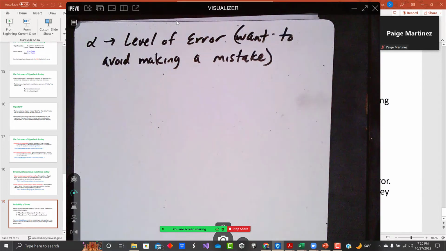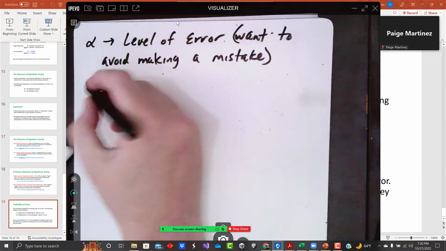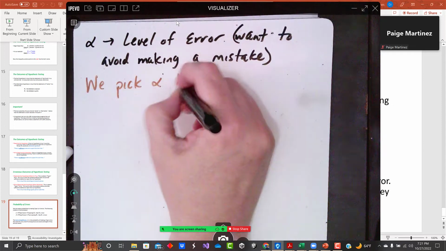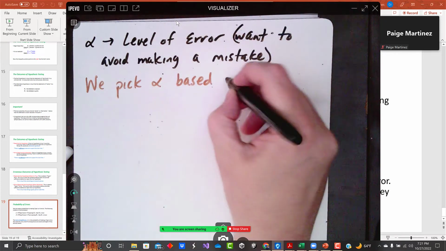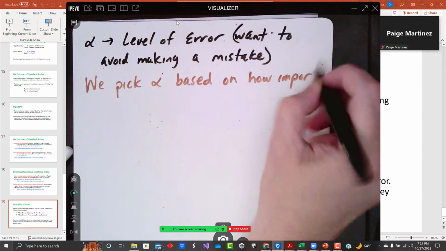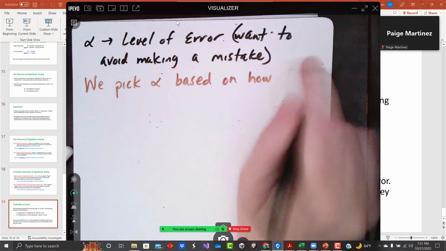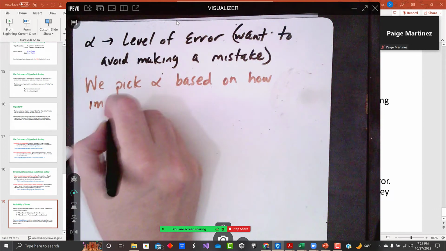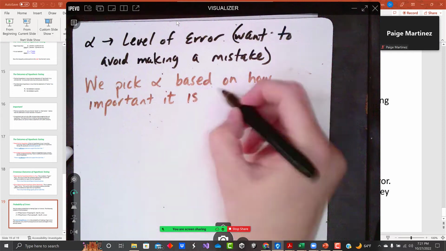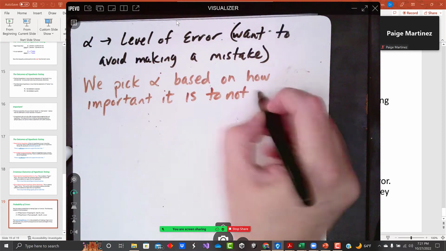So that actually plays into how we pick alpha. We pick alpha based on how important it is to not get this wrong.